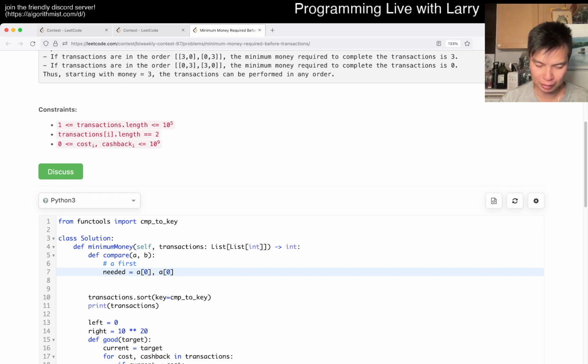You spend it, and then you get cash back. So is there only 2 numbers where this suffices? No, there's more.